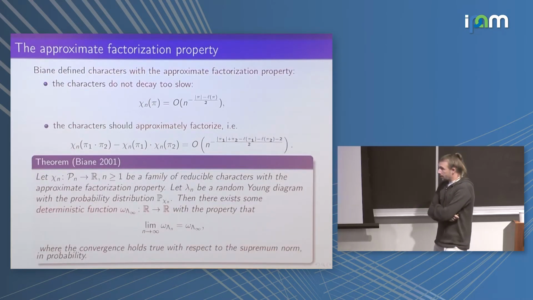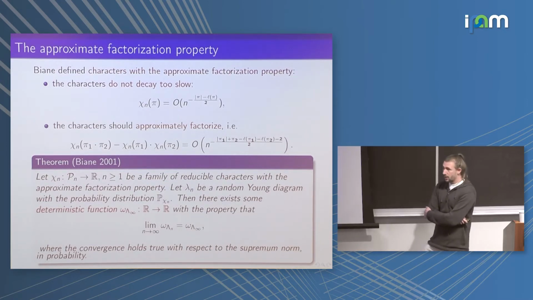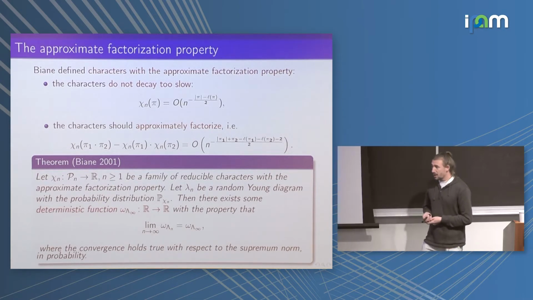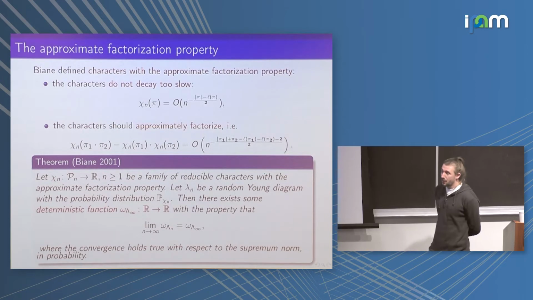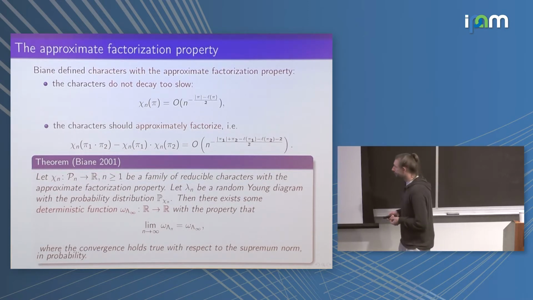And the theorem of Philippe is that whenever you have a family of such characters, then you have the law of large numbers. So you remember, with the characters, I have associated random Young diagrams. And the theorem says that if my characters have the approximate factorization property, then the profile of associated random Young diagrams converges to a limit shape.